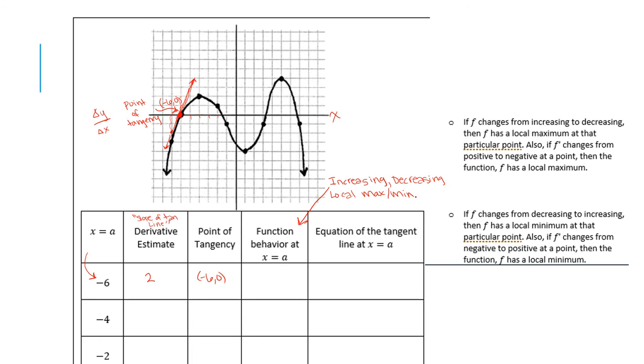In this case, I see my function is going up from left to right. So my function behavior is that it is increasing at x equals -6.